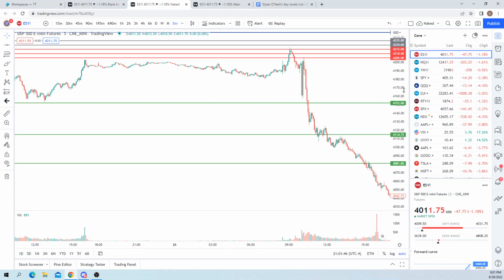Let's just say I entered all 35 lots at the 4205 level. If I got into the full size position right off the bat, that widens my risk. Now I would be risking 30 points instead of averaging into the trade. That's much riskier. So that's why I like to scale in as price gravitates towards my entry area.